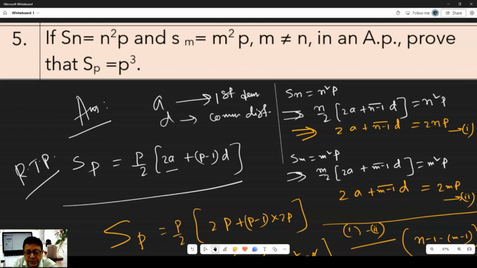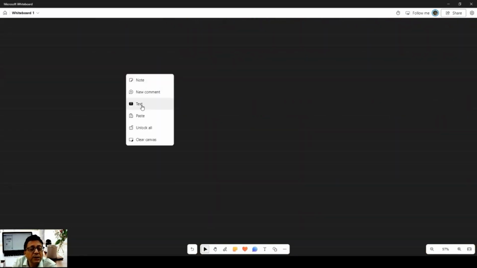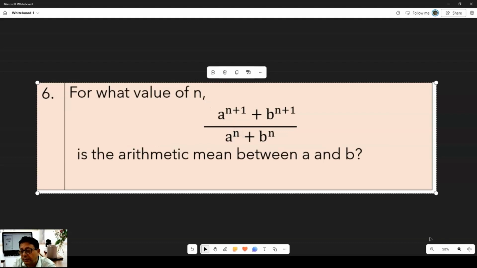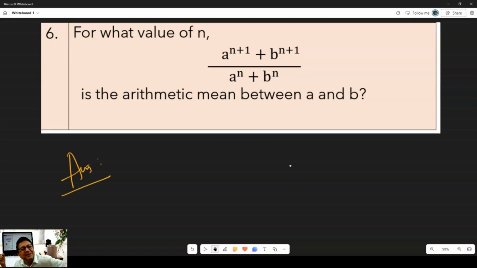Now go for this kind of sum. This is another very common sum. Just to make you habituated to this kind of sum, I am discussing it here. Read the sum. For what value of n is this thing the arithmetic mean between a and b? Arithmetic mean I have explained. We have proved an important theorem also in the previous session. Here, this thing is the arithmetic mean between a and b.